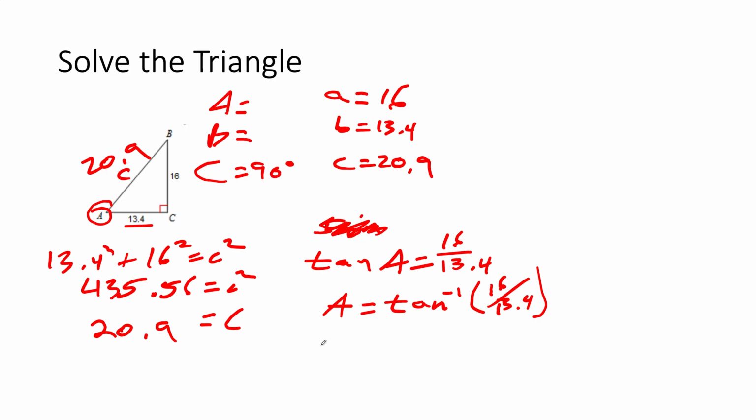I'd get A is approximately, I got 50.05. Let's call it, I don't know, 50. You want to go 0.1? Sure can. 50.1. And then B will be 90 minus 50.1, 39.9.